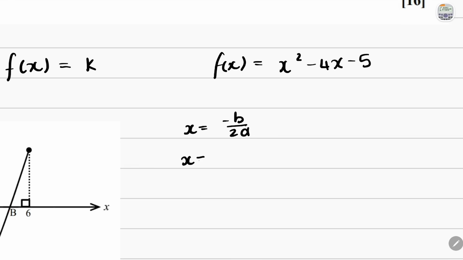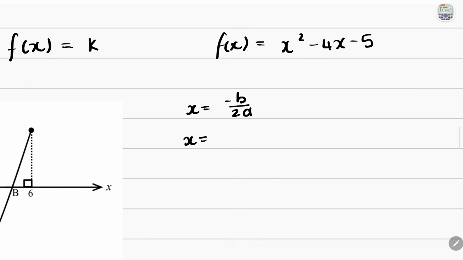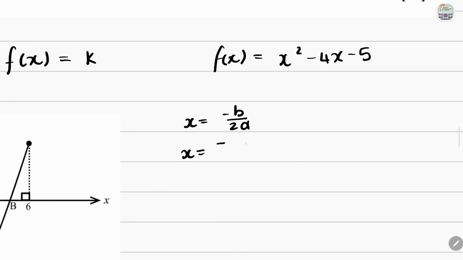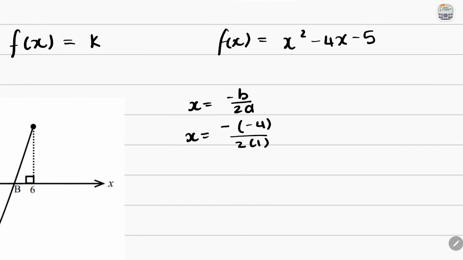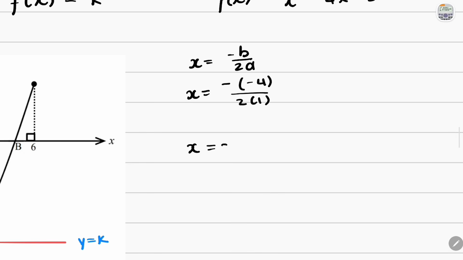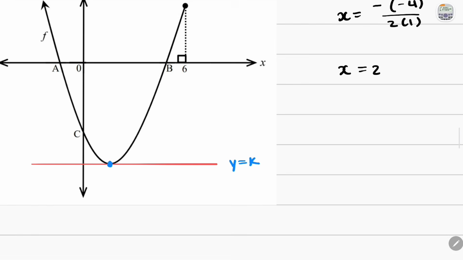We could have also used nature of roots though, but this method is still fine. So let's go -b, and b is -4, so -4 over 2 multiplied by 1. So x is equal to +4 over 2, which is equal to 2. So we know the x value. So this occurs where x is equal to 2.